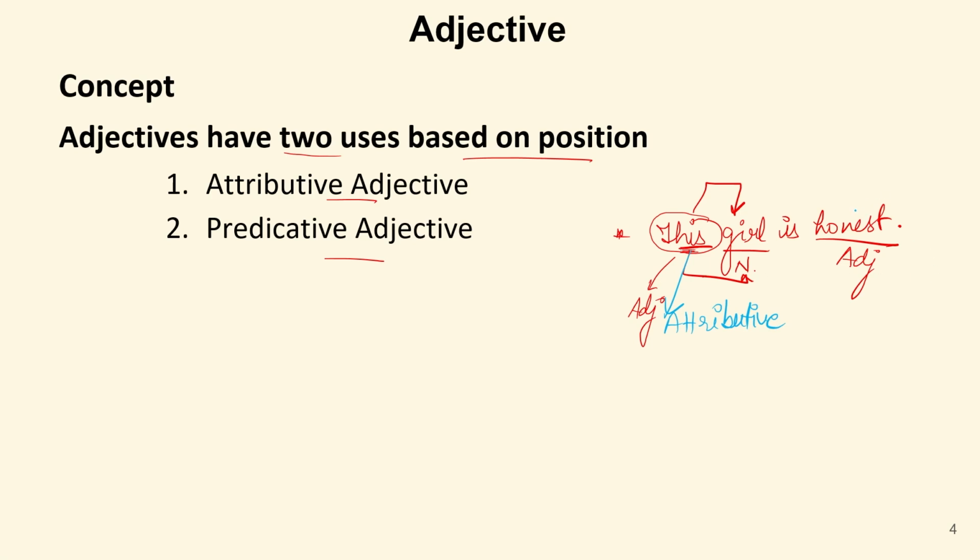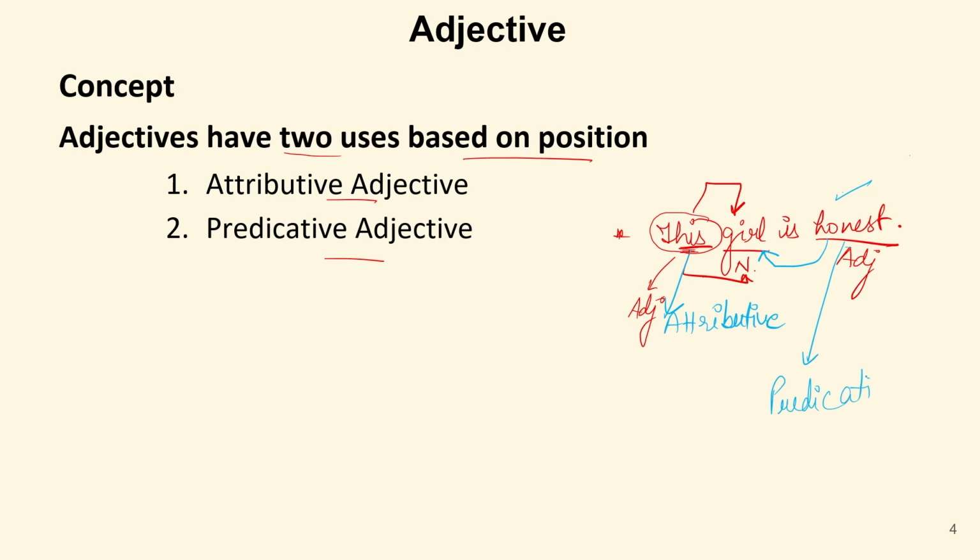Now this word honest is actually used for this girl, but it is not just before the noun. Its position is not just before the position of the noun. So this is a predicative adjective.